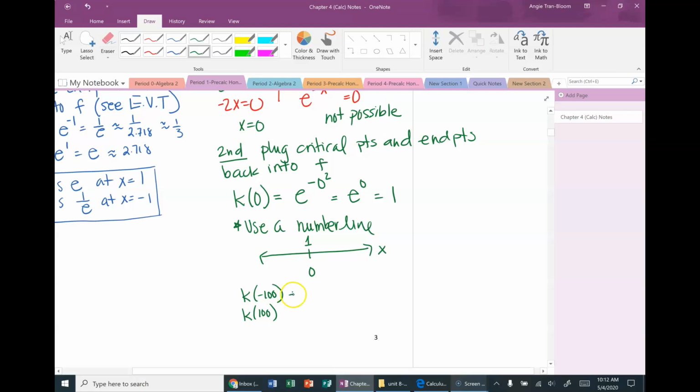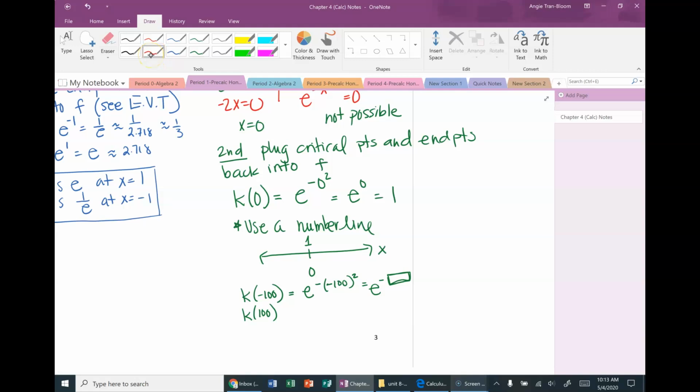So when x is negative 100, your original equation was e to the negative, inside is negative 100, and then we're squaring it, so that's going to be e to the negative. Would you agree that whatever that number is, it's a negative number? Technically you can pick 1,000, right?